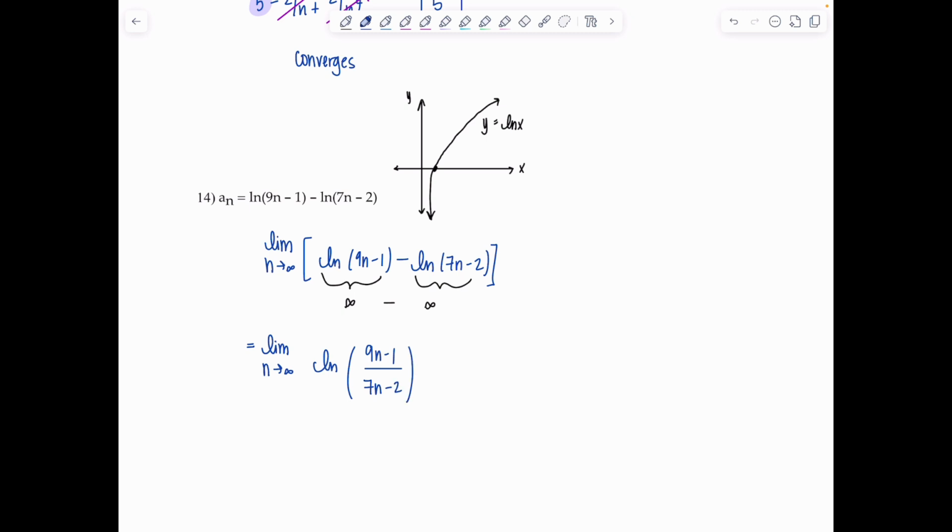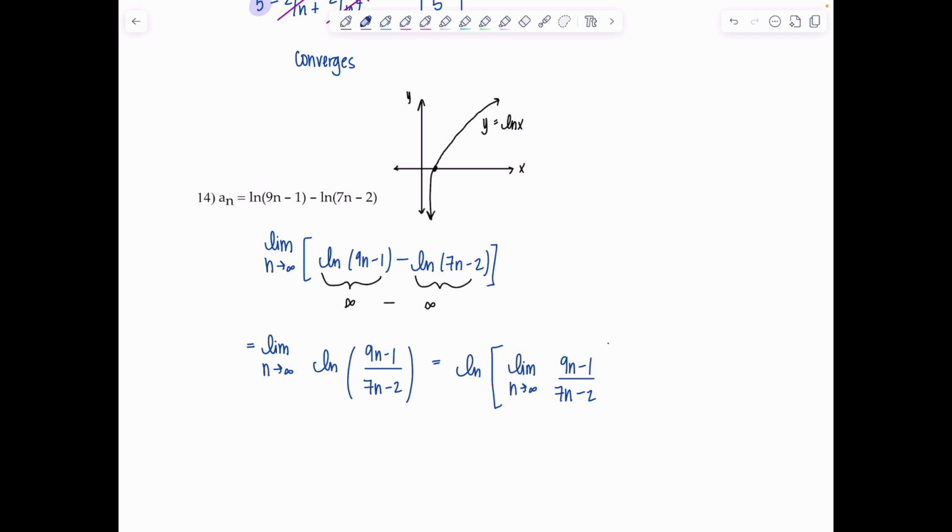And then you can just pass the limit through to the argument of the natural log. You can do it in your head, or if you want to write it out, be my guest. So if you want to write out, hey, I'm taking ln, and then I'm going to pass the limit through to the argument, cool. (9n minus 1) over (7n minus 2).